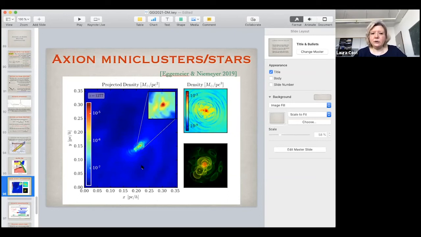In this case, the simulation is actually of such a cluster. You see it here. The sizes are not so incredibly big. So here it is not an ultralight axion. Here it is an axion of more or less the QCD type.